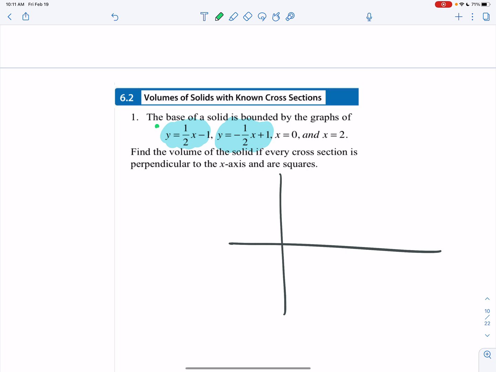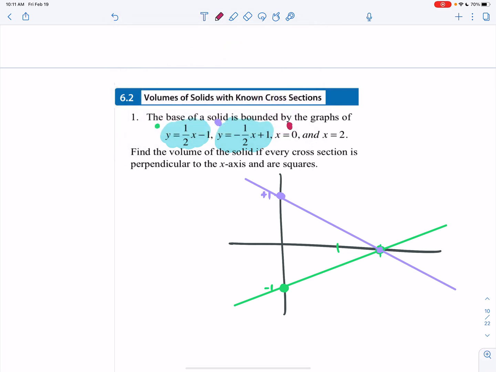So for instance, this first one here has a y-intercept of -1, and then we're going to rise 1 and run 2 from that point. So our first line is that right there. Our second line, I'll do in purple, has a y-intercept of +1, and then we're going to go down 1 over 2. It looks a little bit like that, okay?